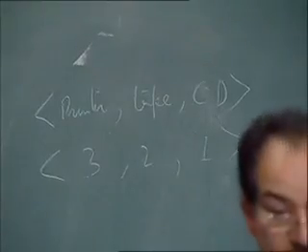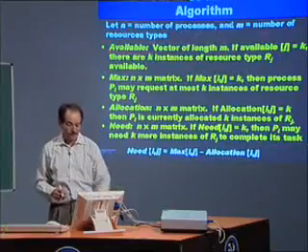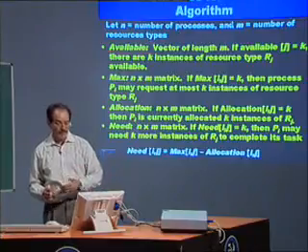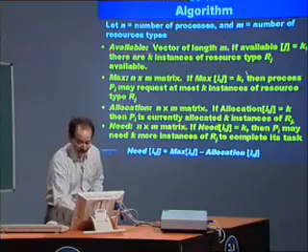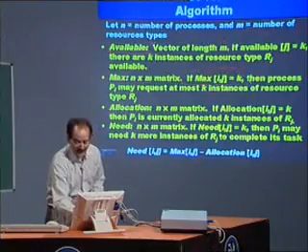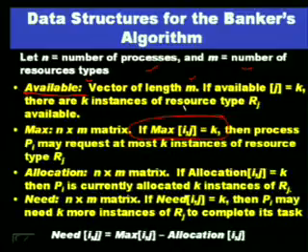And then we have the next matrix which we call maximum. Maximum is an n by m matrix. Now, if Max[i][j] is equal to k, then what does it mean? That the process P i may request at most k instances of the resource type R j.